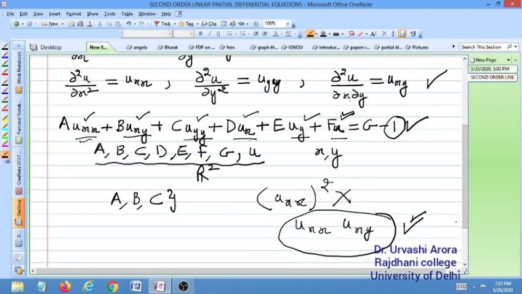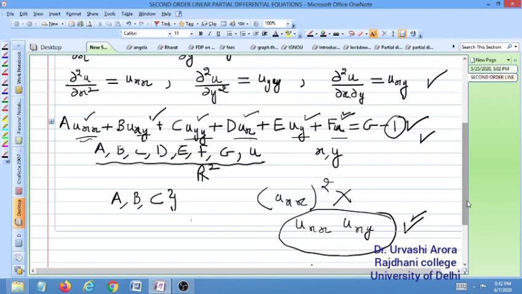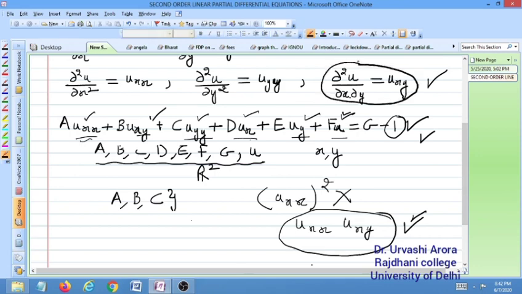Now, one important point to be noted is that the mixed second order partial derivative that we have considered here is del square u by del x del y, which is uxy. However, in general, in a second order partial differential equation, there is another mixed second order partial derivative that can appear, del square u by del y del x, which we are in the habit of denoting by uyx.